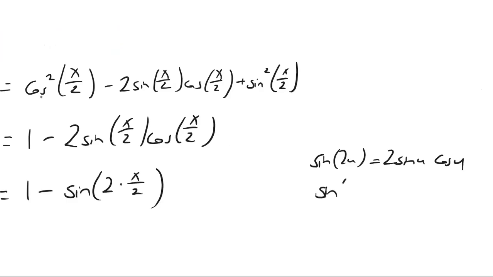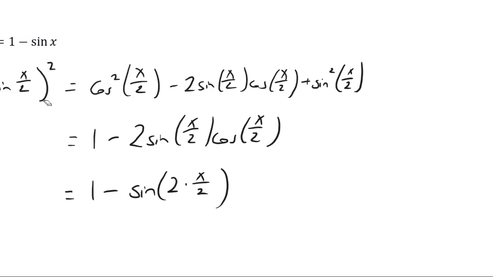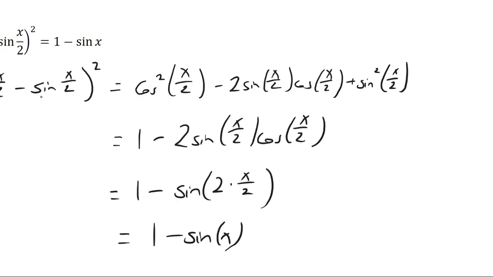So replace 2u with just u, so we half that. So it'll be 2 sine of u over 2 cosine of u over 2. You have to be a little bit flexible with these identities. It doesn't have to look exactly like it, but you can replace it like a function as well. So this is just 1 minus sine of x, and we're done.